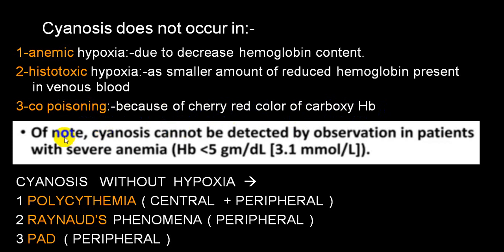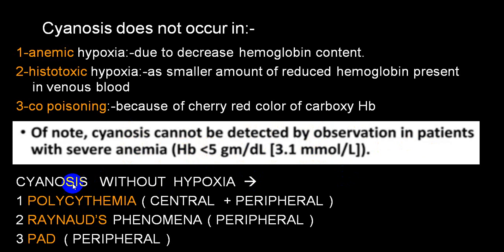So if a person is having severe anemia, cyanosis cannot develop, or is hard to detect, because here a very small percentage of hemoglobin is deoxyhemoglobin.